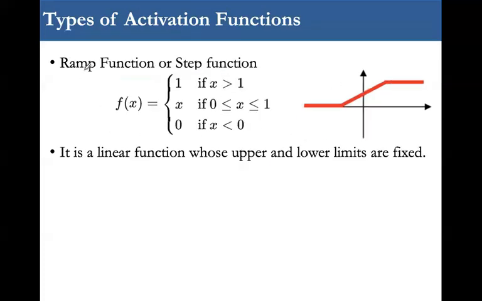The next one is the ramp function or step function. So its mathematical representation is as f of x is equal to 1 if x greater than 1. Otherwise, x if x lies between 0 and 1. Otherwise, 0 if x is less than 0.